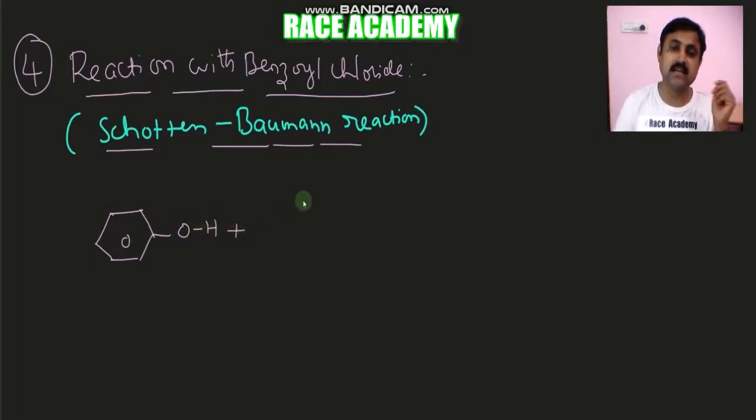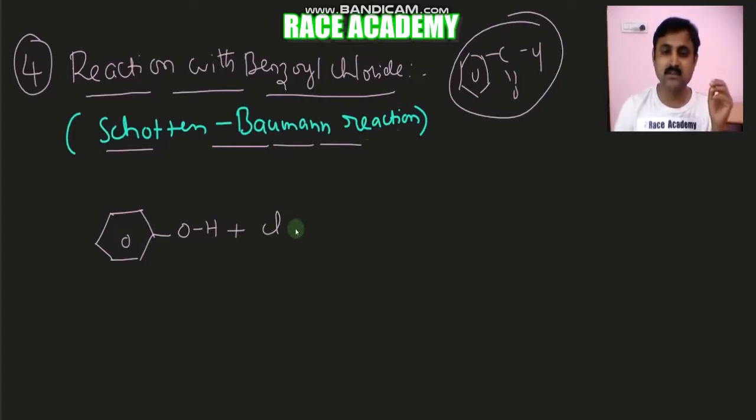Like I said earlier, these are the chemical reactions due to OH group involvement in phenol. Benzoyl chloride is nothing but a benzene ring with COCl. So this one is called benzoyl chloride. You can write this as Cl, CO, C6H5. So we will call it benzoyl chloride.